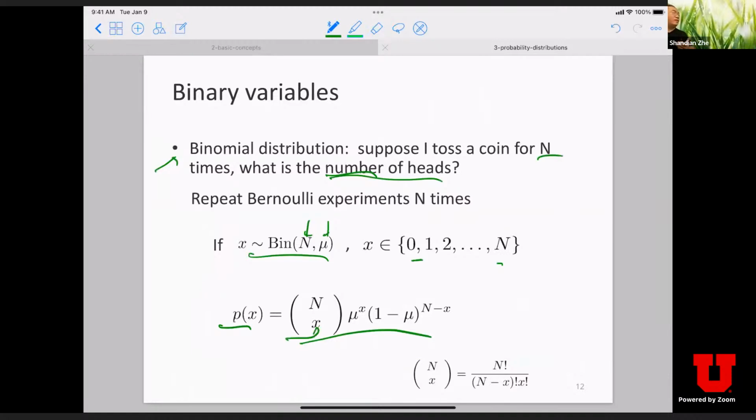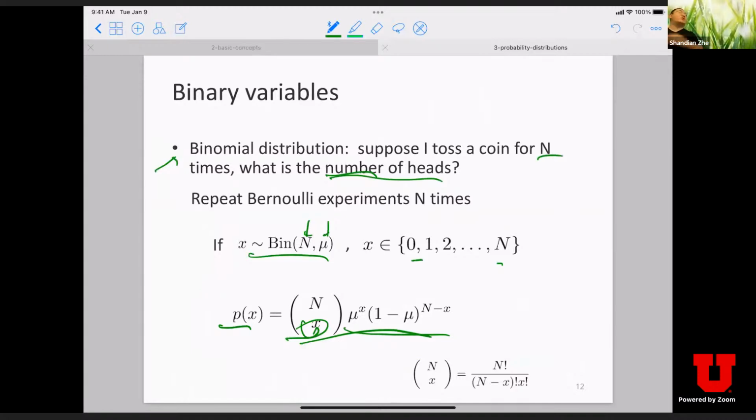The first term is the combination number: if you take x items out of n items, how many combinations can you choose. For each particular choice of x, the probability will be mu to the power of x, and for the remaining n minus x results, which are observed as 0, the probability is 1 minus mu to the power of n minus x.